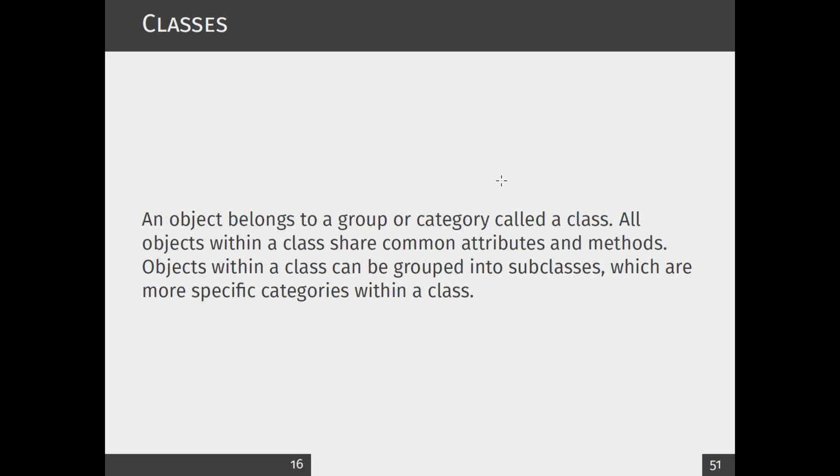And then when you have objects within the class, we can group them into subclasses. So these subclasses are very specific, right? Let's see some examples later on. But we can group them into more specific classes, which we call subclasses.